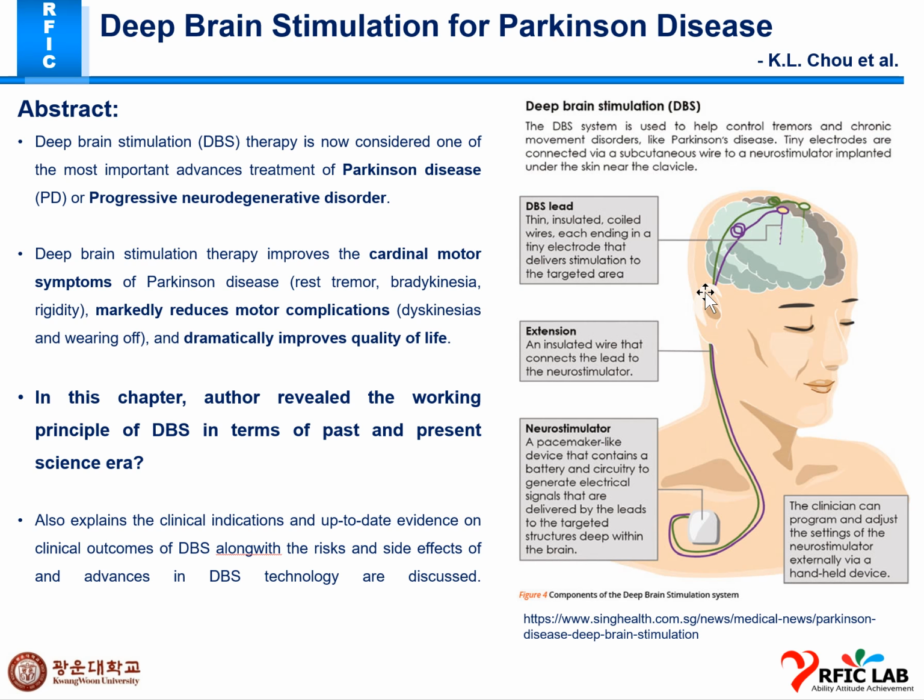This is the extension, which is wired and insulated, connecting the lead to the neurostimulator. And this is the neurostimulator, which is connected with every green and purple line that is connected to the brain also.